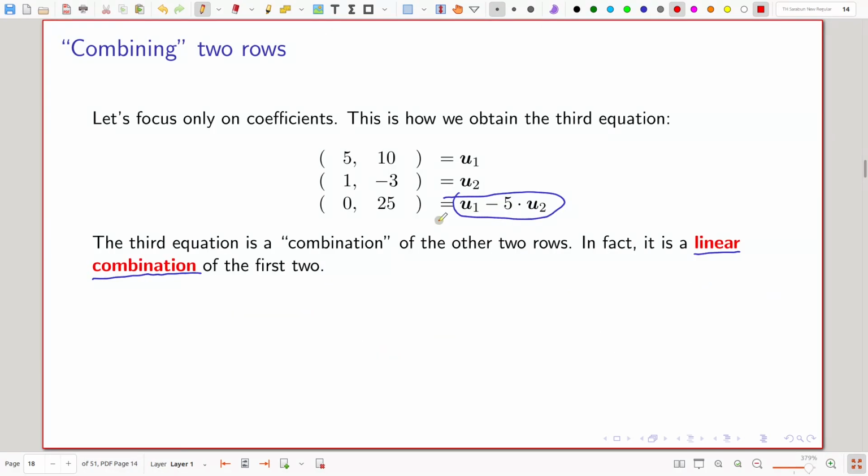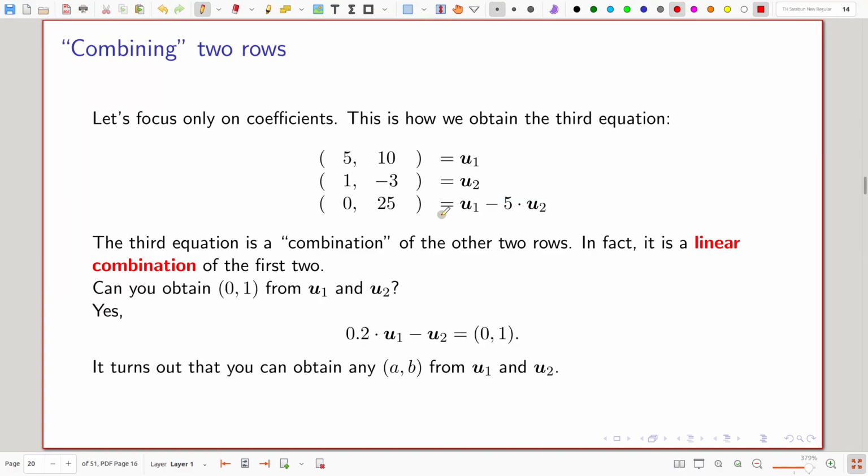Okay, let's get back. So now when we have this, can you obtain 0, 1 from this vector by doing some multiplication or subtraction? Definitely yes. You can divide the whole thing by 25, right? Maybe I did something wrong here.